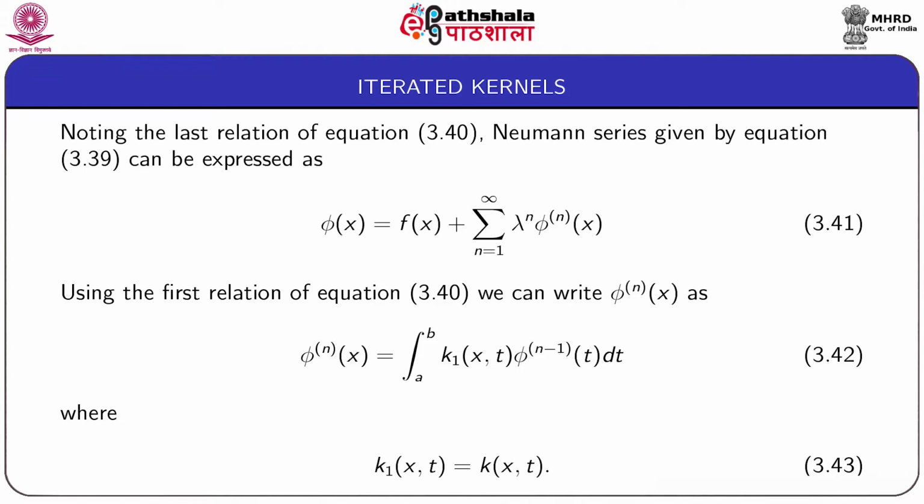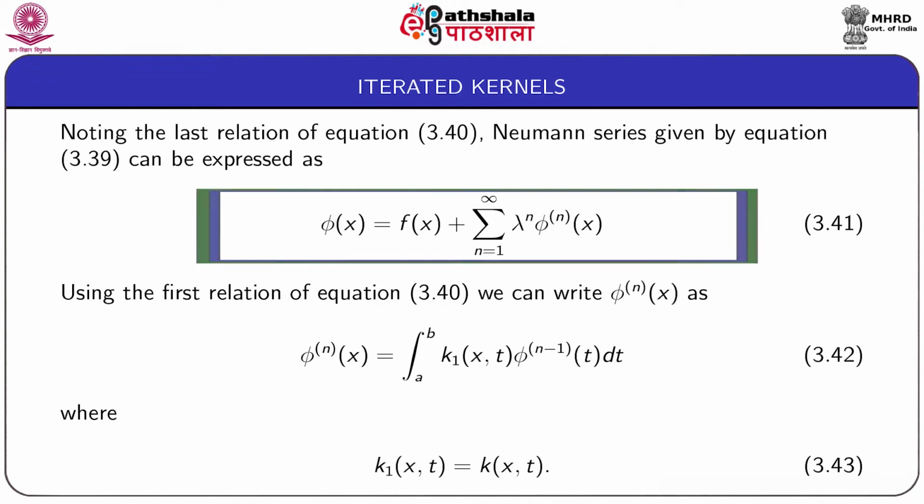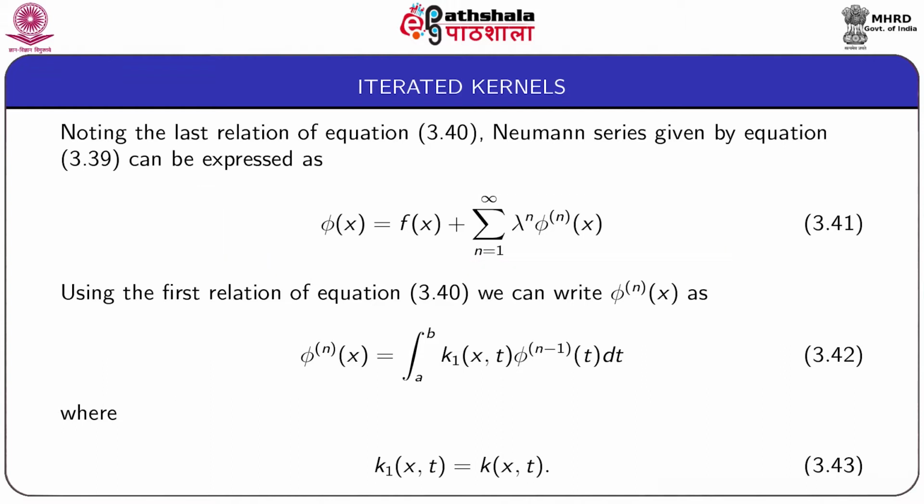Then equation 3.39 can be written as phi(x) equal to f(x) plus summation n equal to 1 to infinity lambda to the power n phi superscript n (x), as given by equation 3.41.